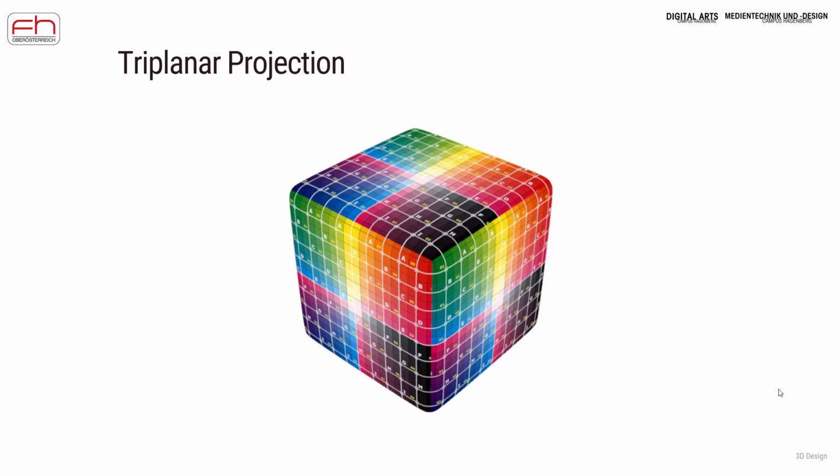And if I project my texture on the surface of this cube and use the blend variable, I can go from this thing here. If you look at the edges of the cube, you will see the effect. I can go from this thing to this thing. I can literally blend between the parts of my projection, and this is extremely interesting.